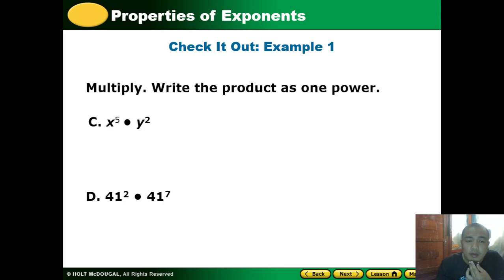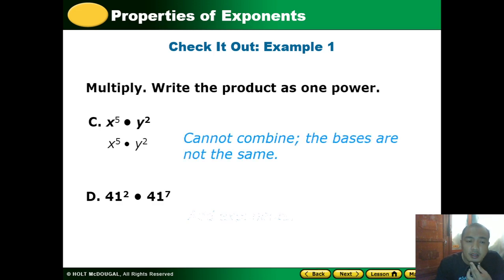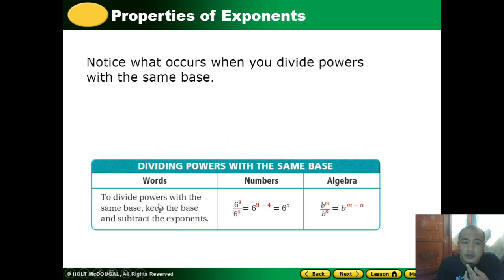Letter C, we cannot add the exponents of x to the fifth and y squared because x and y are different bases. So we'll just multiply it. The result is x to the fifth y squared. We cannot combine, bases are not the same. In letter D, yes, the same base, so we can add the exponents. 2 plus 7 is 9. 41 to the 9th power.